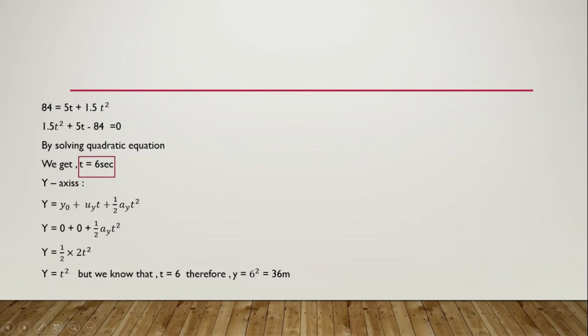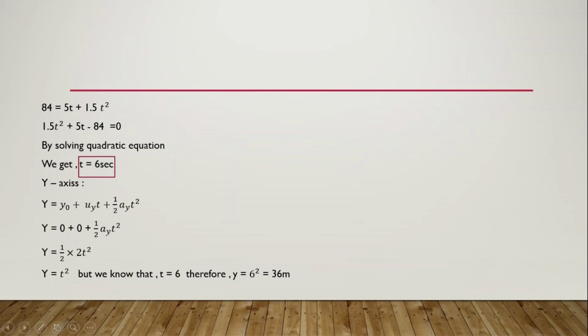So by solving the quadratic equation we get t is equal to 6 seconds, right? You know the quadratic formula, I think. So that is t is equal to 6 seconds.